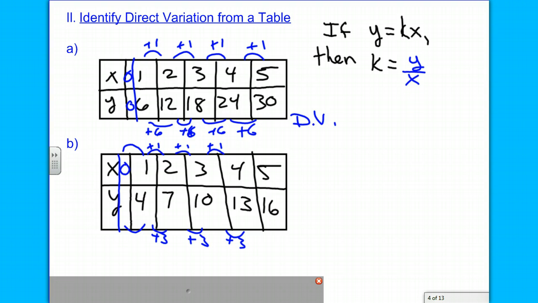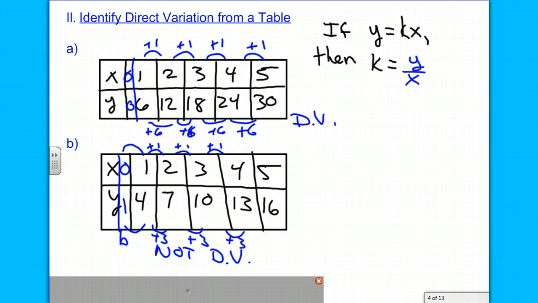And when we subtract 3, do we get to 0? What do we get to? We get to 1. So what is the y-intercept for that equation? Walk 0, fly 1. So this is the y-intercept. It's not at 0, 0. So is this direct variation? No, not direct variation. Okay?